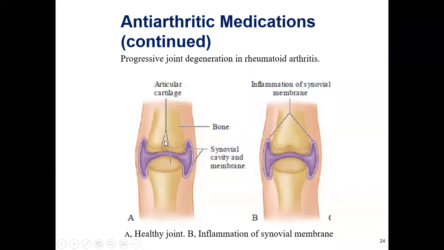It is a progressive, chronic, inflammatory, degenerative disease. So here you can see after inflammation or degeneration, how it looks like. Inflamed, ruptured, broken, disturbed, erosion, and the two bones are closer and cause the pain.